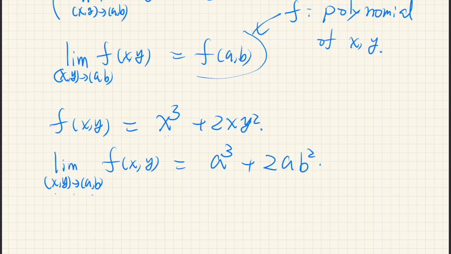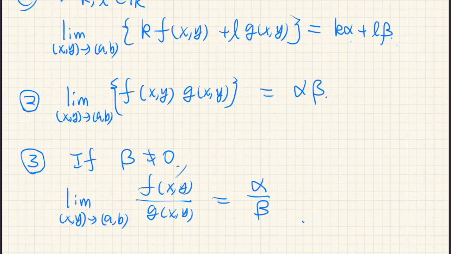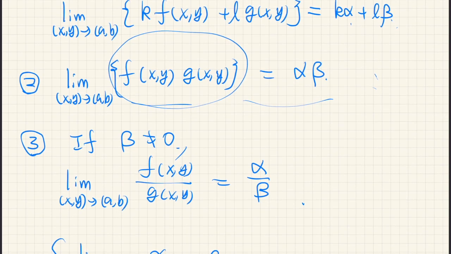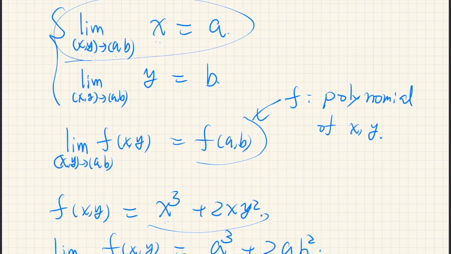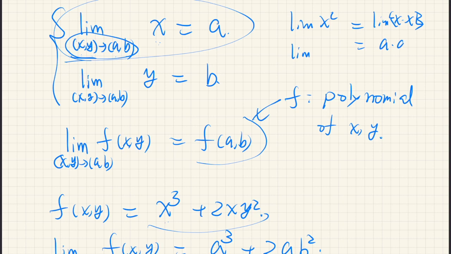So this is it. Now this can be proved using these properties, especially this one. The limit of a product converges to the product of limits. So we have this, for example, therefore the limit of x squared is just a squared, right? Because x converges to a, and x squared is x times x. So the limit is a times a, that is a squared.